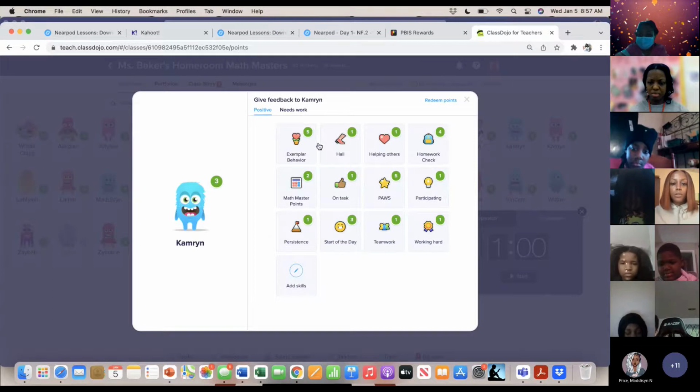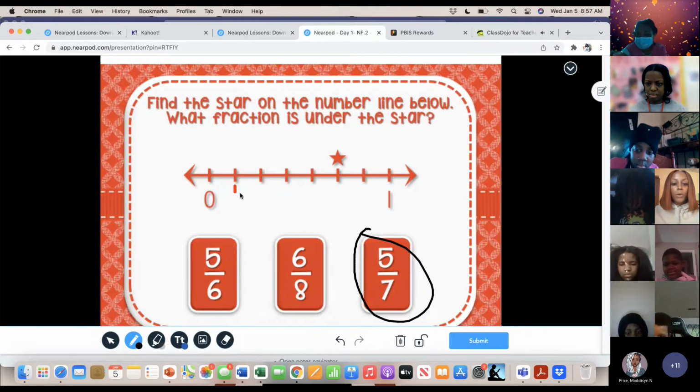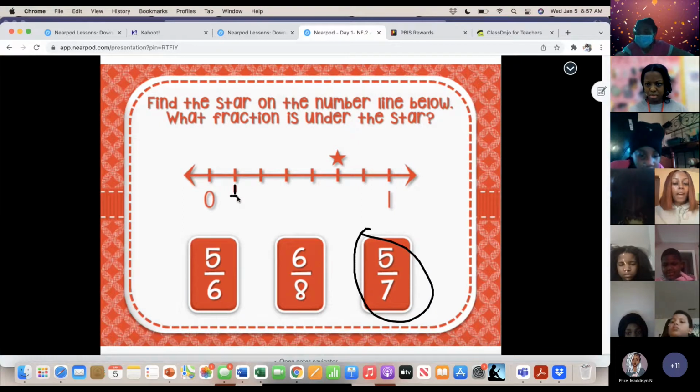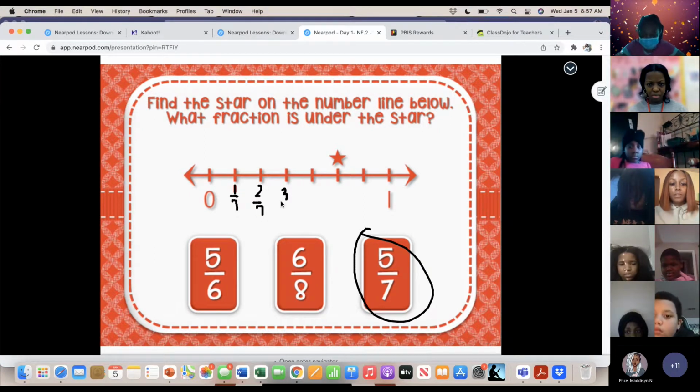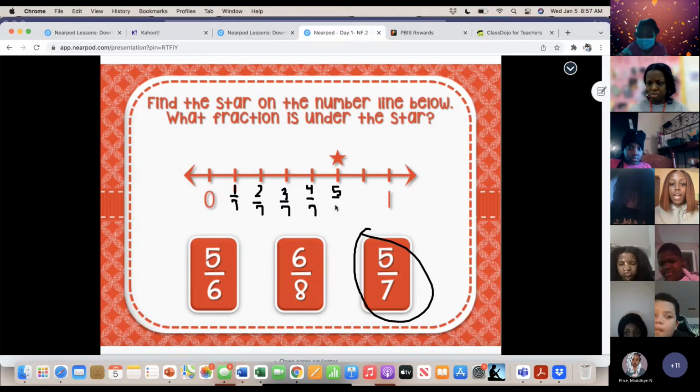Let me go give you some exemplar points as well. So we would have Cam counted her 7 parts. So this would be 1 7, 2 7s, 3 7s, 4 7s, 5 7s, 6 7s.